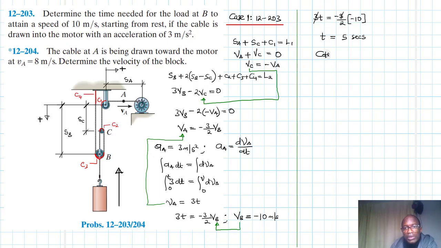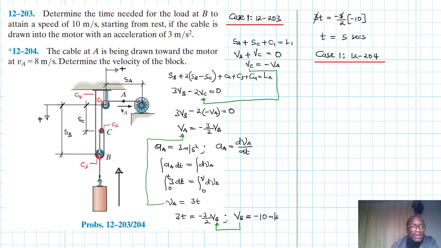Let's go to case number 2, problem 12-204. What are they asking us here to find? We have been told that the cable at A is drawn towards the motor at V_A equal to 8 meters per second. Determine the velocity of the block.